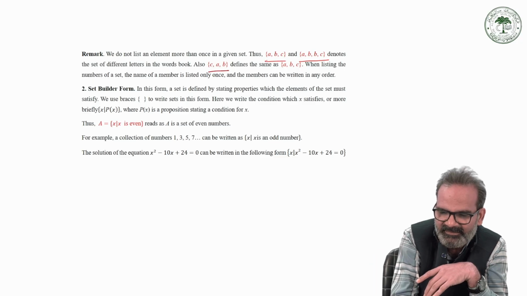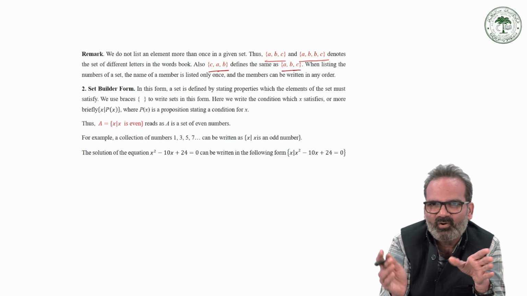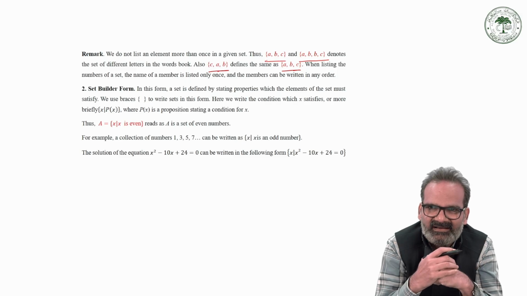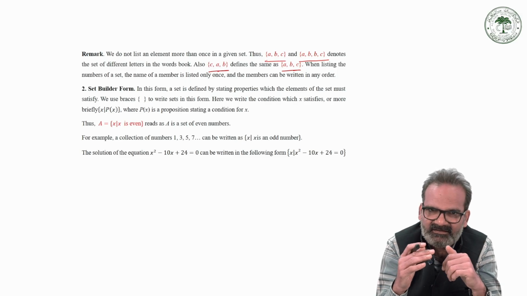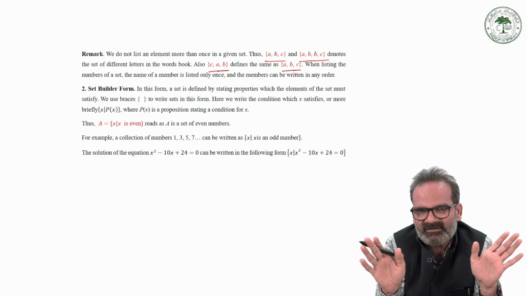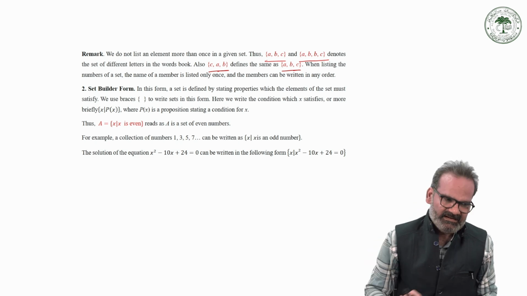Like {c, a, b} or {a, b, c}, both are the same because ordering is not important. So when we are listing the members of a set, the name of a member is listed only once, and the members can be written in any order. Order is not important.